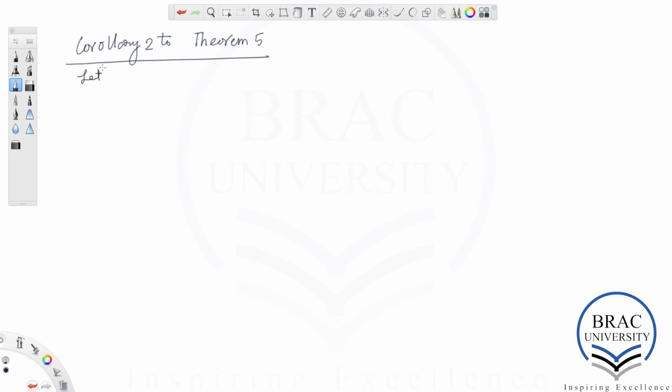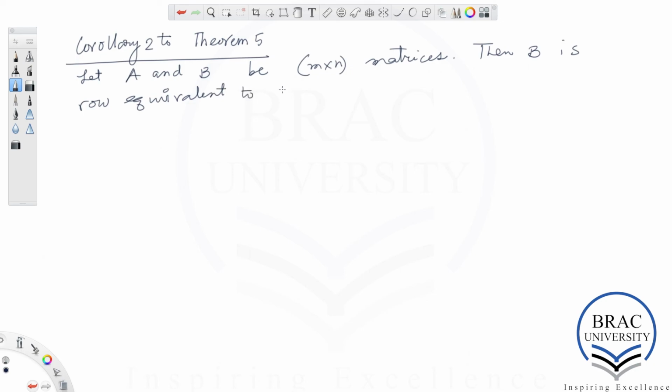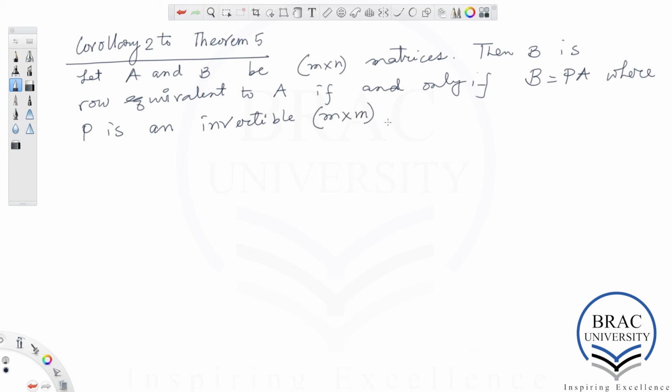Let A and B be n times n matrices, then B is row equivalent to the matrix A if and only if B is equal to P times A, where P is an invertible m times m matrix. Okay, all right, let us prove it.